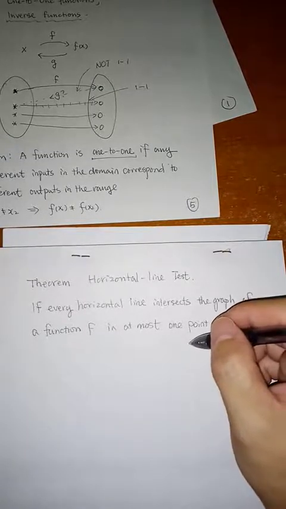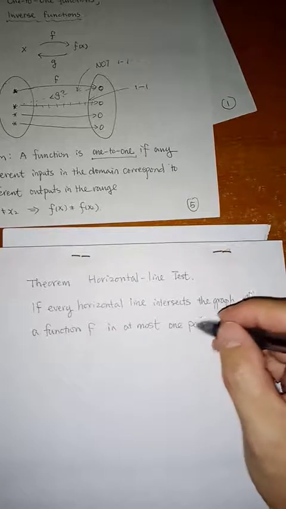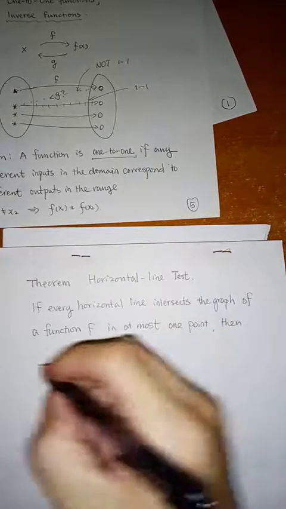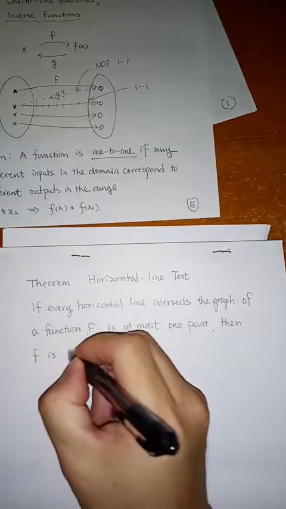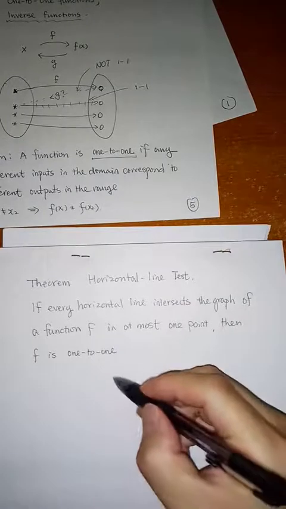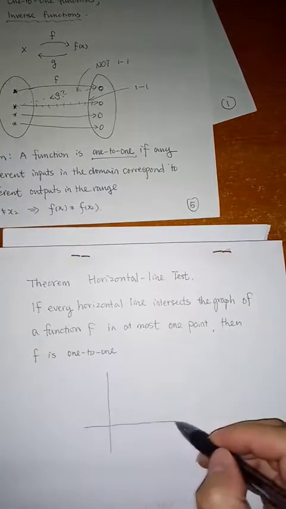If it intersects the graph, it has one intersection, then f is one-to-one.